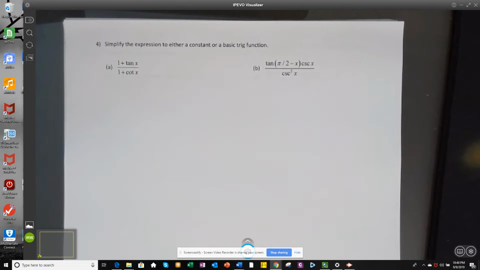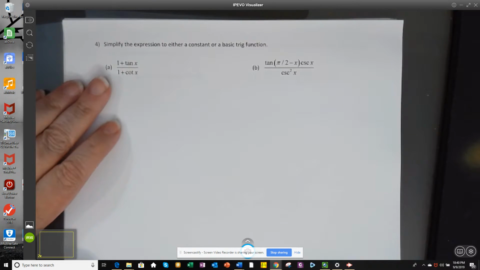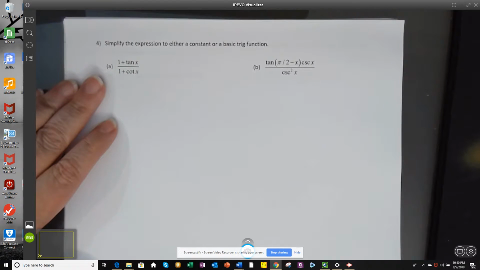The other interesting thing about these is that there's more than one way to go with these identities. You could go many different directions and still get the same answer. So there's not necessarily just one path to the solution. Now, I'm not going to lie, number 4a is pretty challenging.